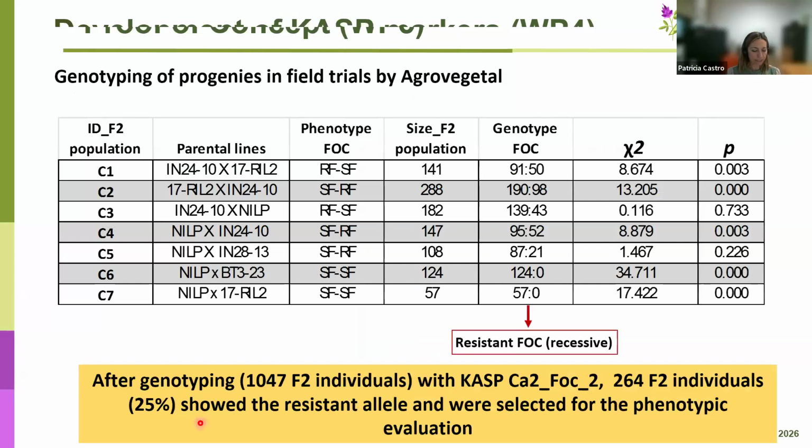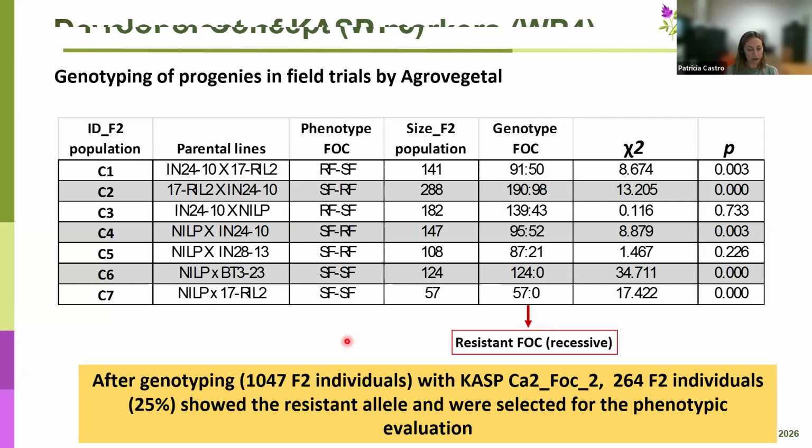In this table, we can see the result obtained with the KASP marker for fusarium across 7 different F2 populations derived from different crosses. And the result fits well with the expected segregation ratio, taking into account that resistance to Fusarium race 5 in chickpea is controlled by one gene and is recessive.